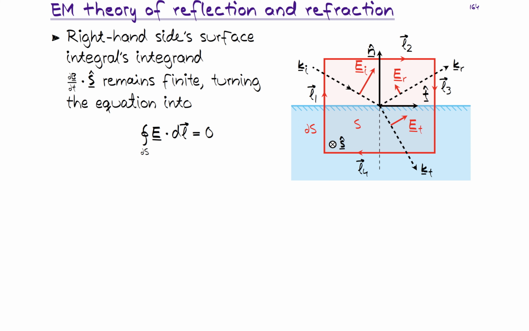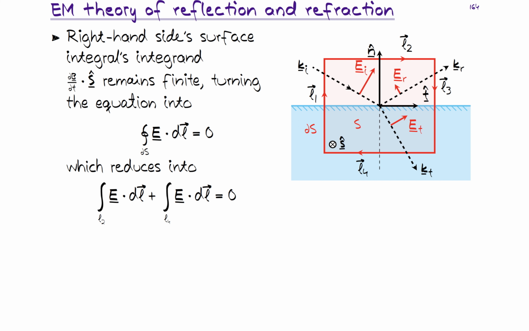So when we take the limit of the surface area S becoming 0, this doesn't go to 0, and then what's left is that this integral must tend to 0, otherwise we would be in trouble. Now we can separate the integral into the cases that are left, so that this equality holds.